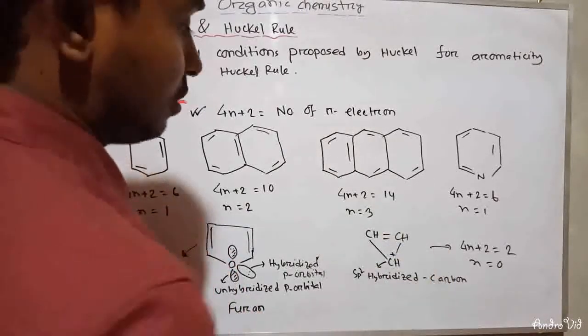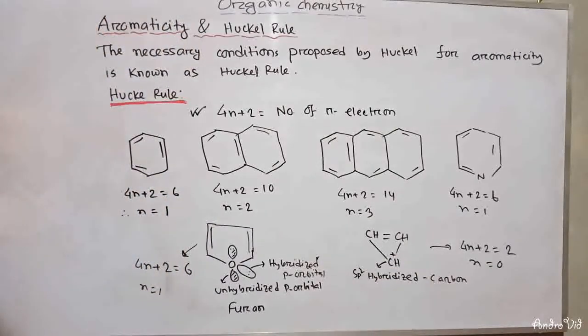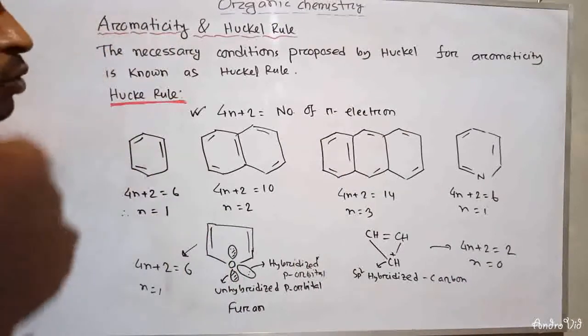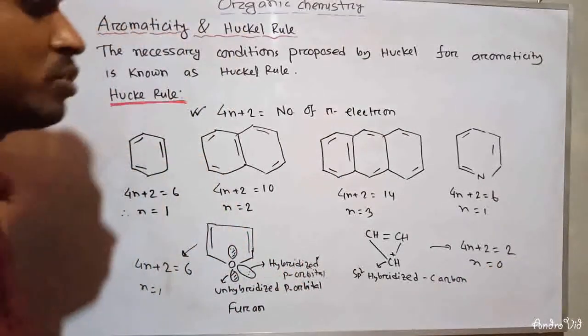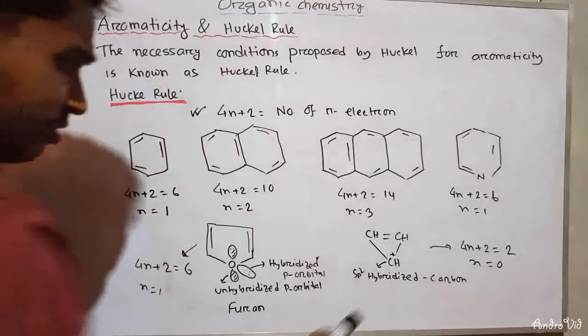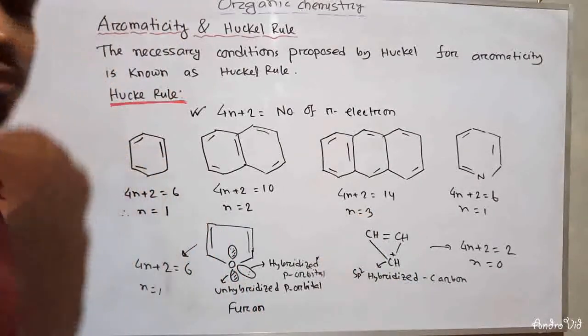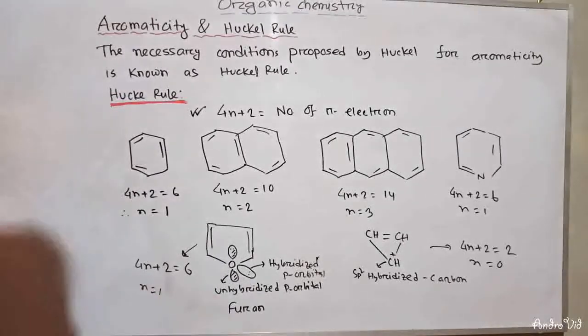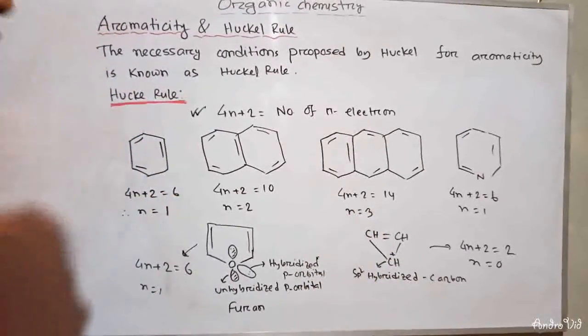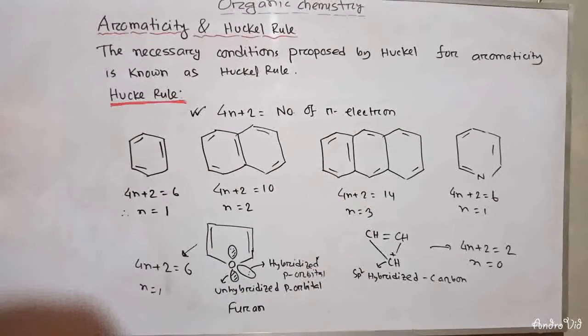Now look at the structure. The number of pi electrons here is 2, and the value of n is equal to 0. 0 is also an integer, so this is also an aromatic compound. But just consider if this carbon is not positive, this is basically the cyclopropenyl cation.